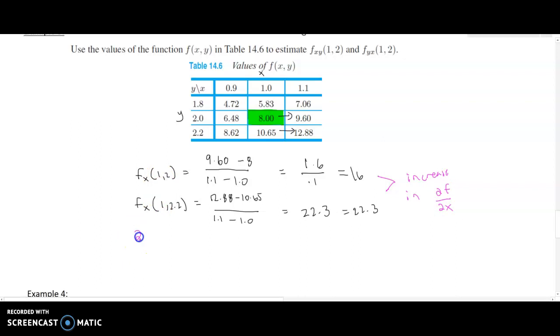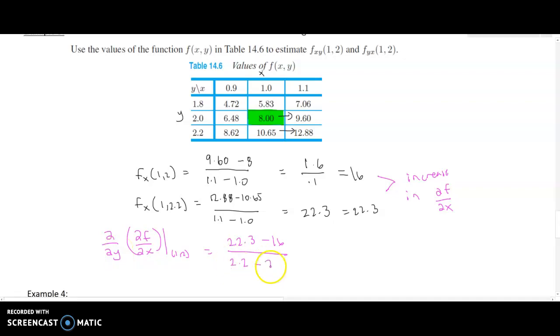I want to say that the change in that slope, if I increase y by 1, and my point of comparison is 1, 2 is the location that I'm at, well, I'm going to look at the change in these two slopes. So it went from 16 to 22.3, and the value of y changed from 2 to 2.2.